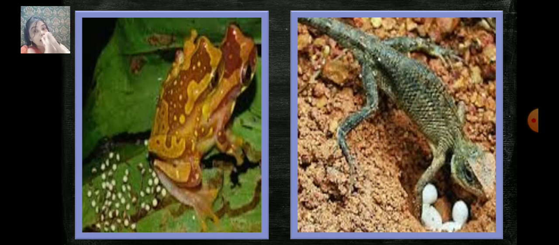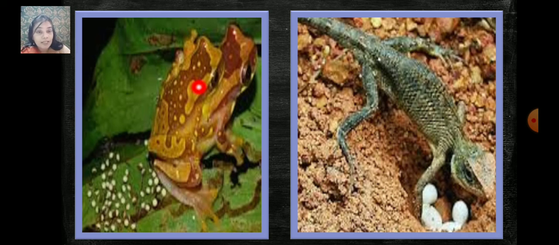So that you will not get confused, you can easily identify the animals that give birth to the babies and the animals that lay eggs. So understood? Animals which have ears, they give birth to the babies. And animals which do not have ears, they lay the eggs.